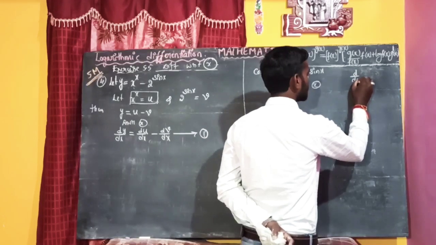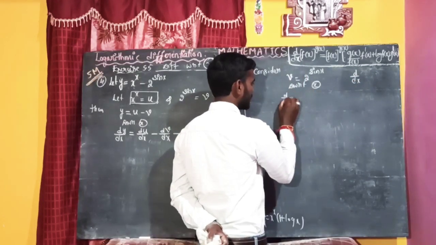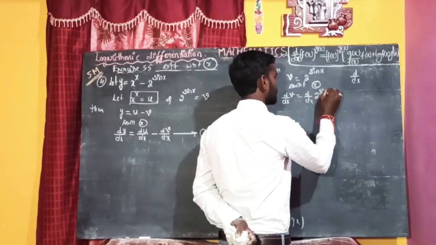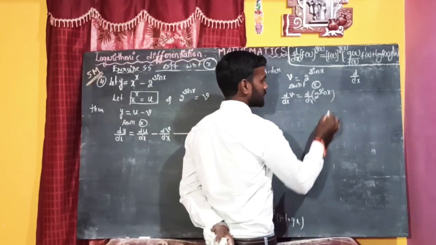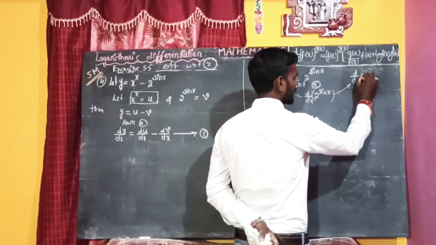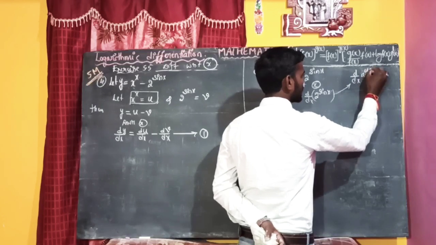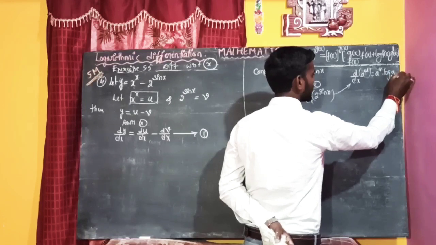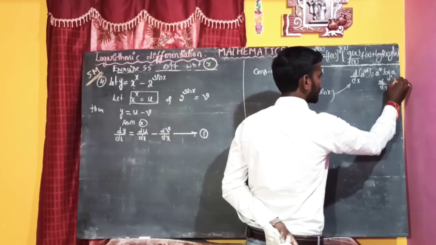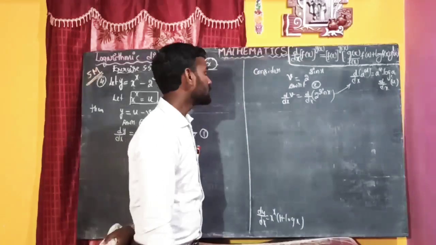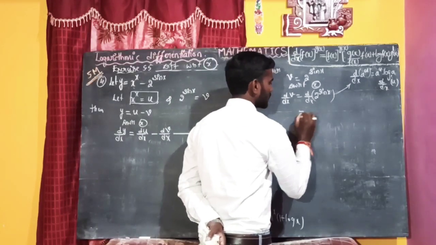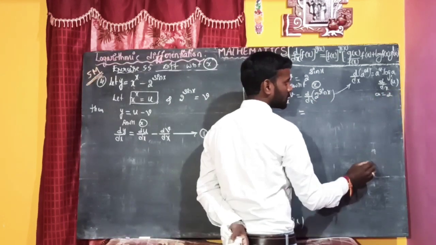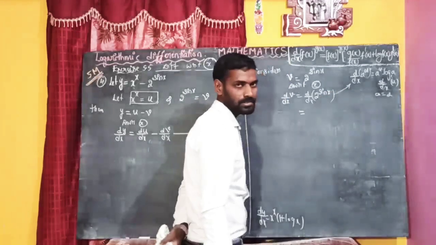Here observe, d by dx of v is equal to d by dx of 2 to the power of sin x. Now this is of the form d by dx of a to the power of u. Derivative of a power u is a power u into log a for the base e into d by dx of u. Similarly here, in place of a we have 2, and in place of u we have sin x.